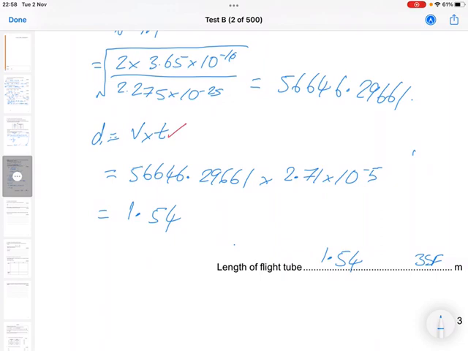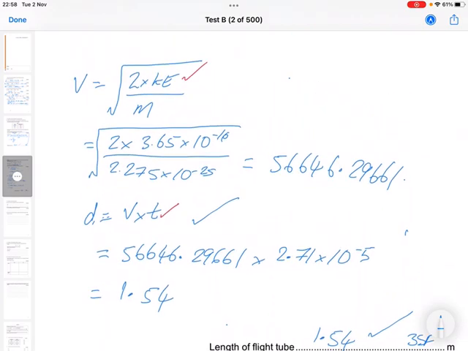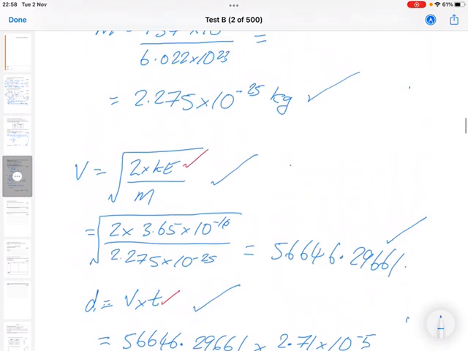So where are the marks? So the marks are for rearranging that formula, obviously, for the correct answer, for working out the velocity, for rearranging the formula for the velocity, and one for working out the mass.